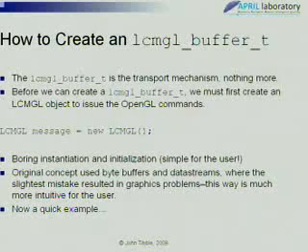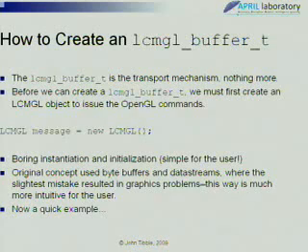Before we create one to send to the iPod, we must first create an LCMGL object to issue the OpenGL commands to. And as you can see, it's very straightforward. It's very boring instantiation and initialization, which makes it very simple for the user to implement. It was originally implemented using byte buffers and data streams, where the slightest mistake could result in graphics problems. But this new way is much more intuitive.